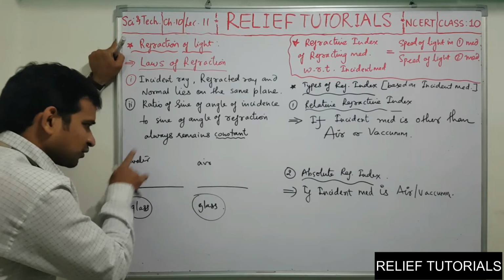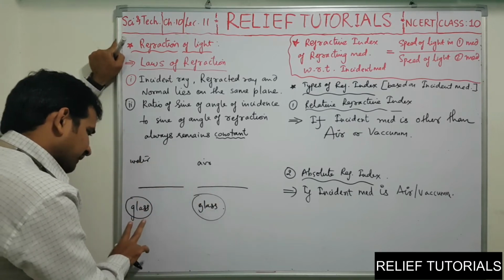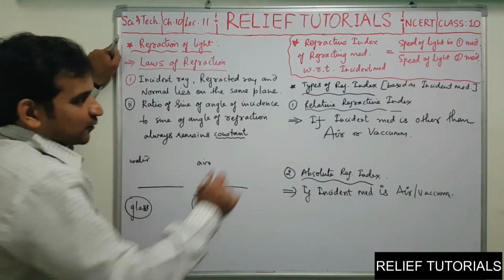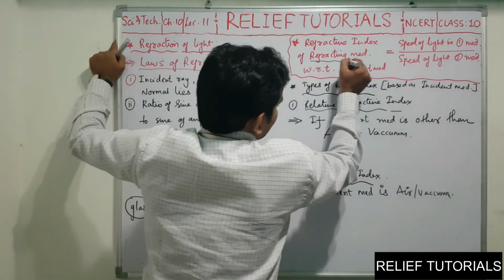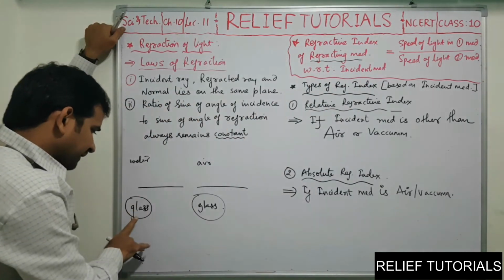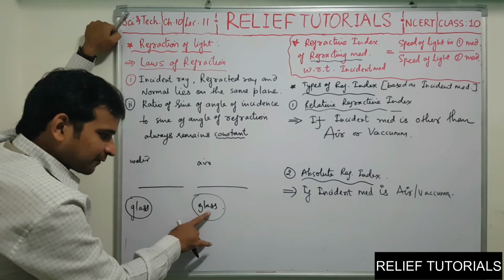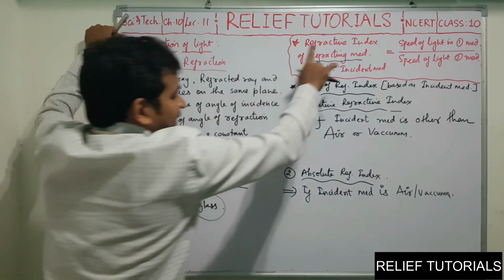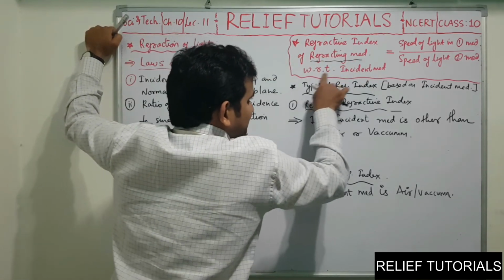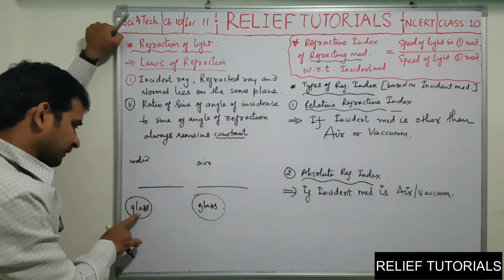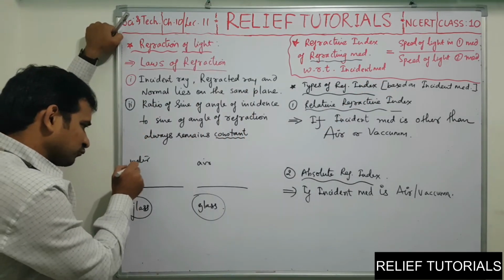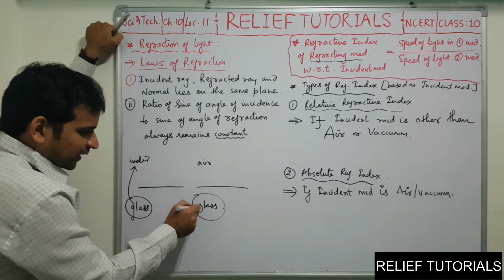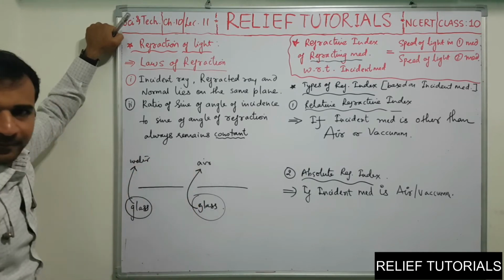So refractive index will be of glass, because refractive index is always of the refracting medium. Refractive index of the refracting medium with respect to the incident medium means here refractive index of glass with respect to water, and refractive index of glass with respect to air.